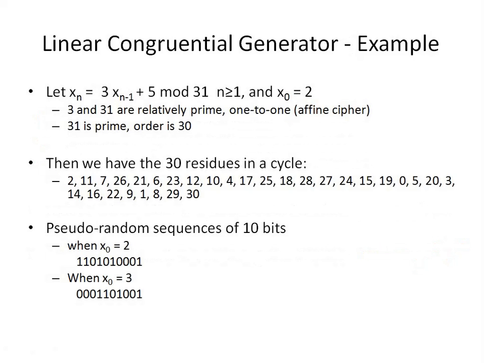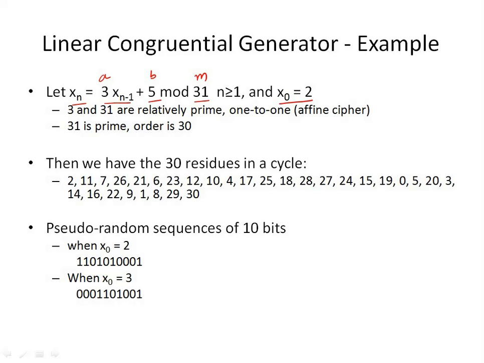So let us take an example. Let this iterative function be defined as xn+1 = (3xn + 5) mod 31. So a is 3, c is 5, and m is 31. And we have taken the initial seed x0 equal to 2.